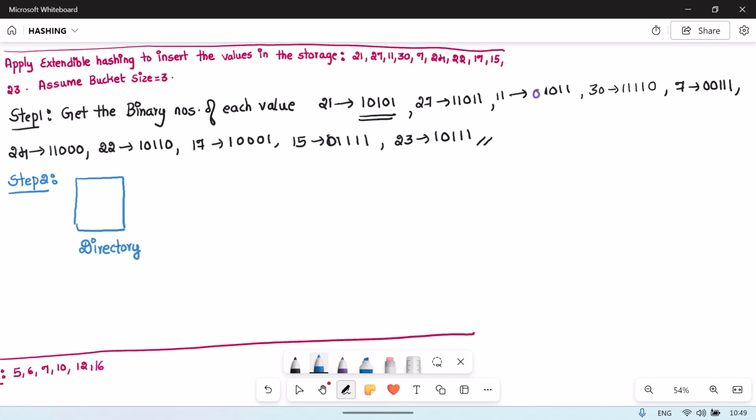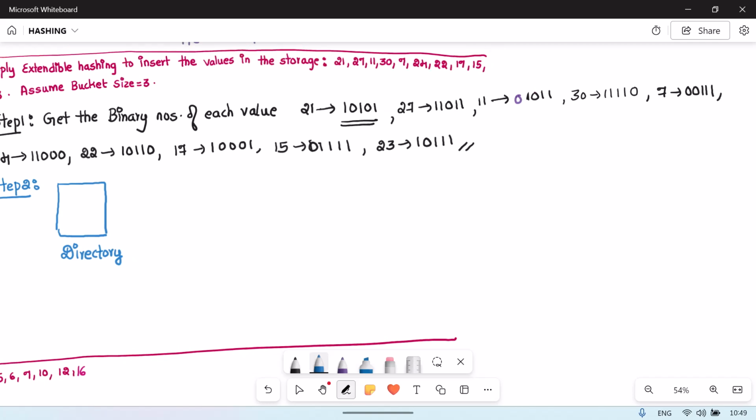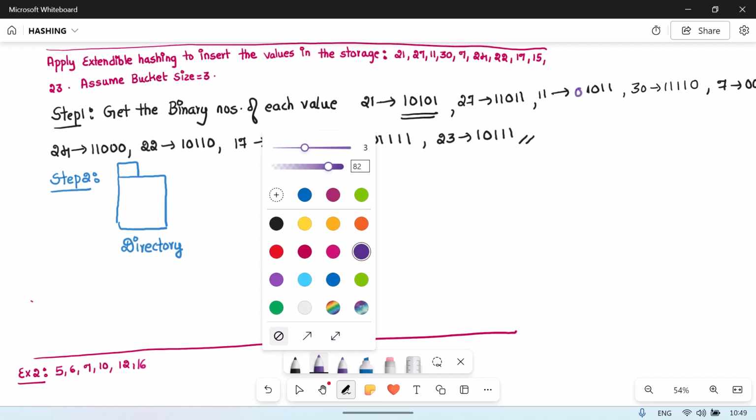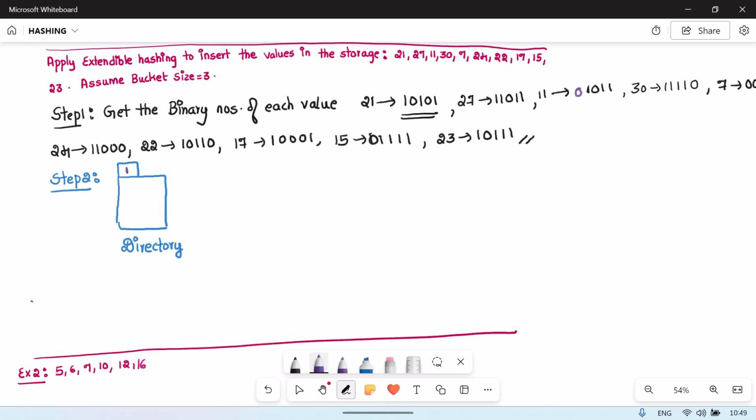Mention its global depth. I told you the directory will be associated with the global depth. So global depth, I will write it as initially 1. Global depth is for the directory. Initially, the global depth is 1. What does this mean?